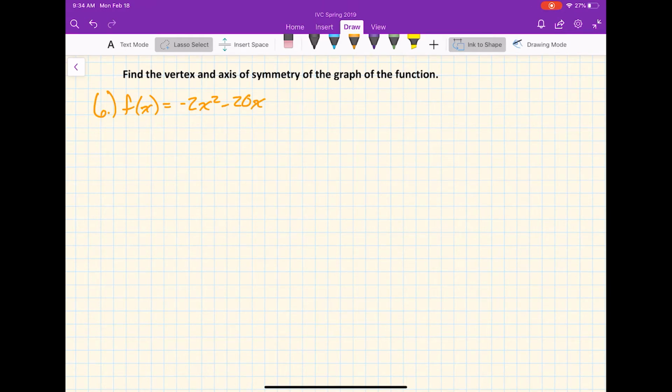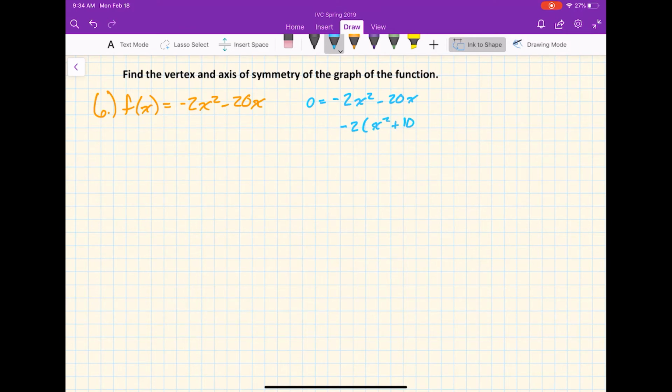All right, number 6. Find the vertex and the axis of symmetry of the graph of the functions below. All right, so we've got negative 2x squared minus 20x, and that's all equal to 0. Well, I'm going to show you 2 different ways.